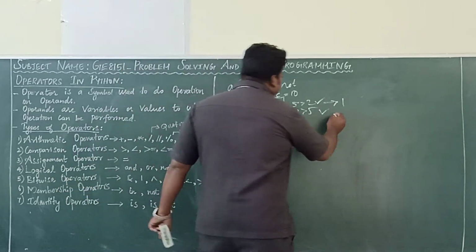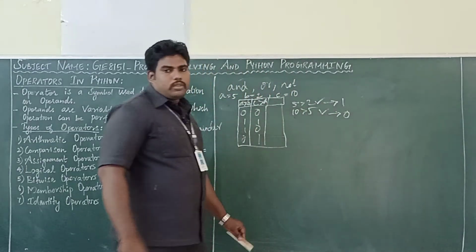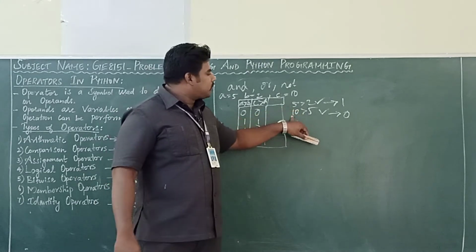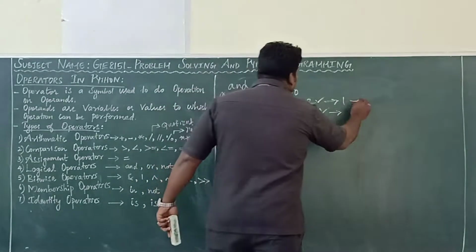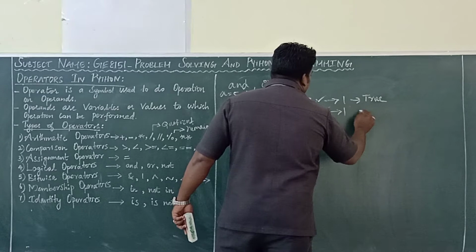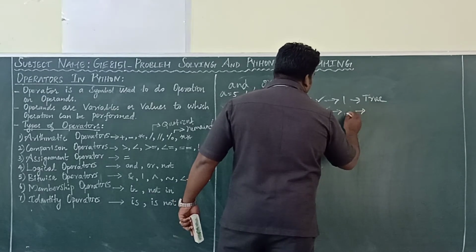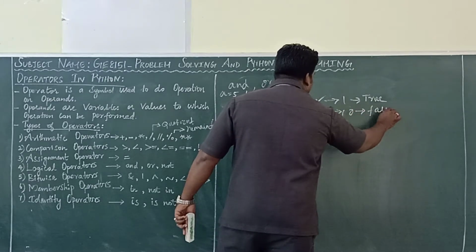If the condition is false, we mention 0. All of you got it? If the condition is true, we put 1. If the condition is false, we put 0. 1 means true, and 0 means false.